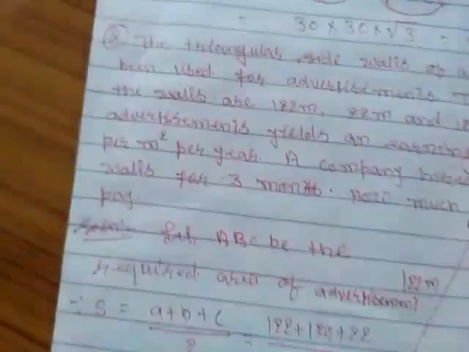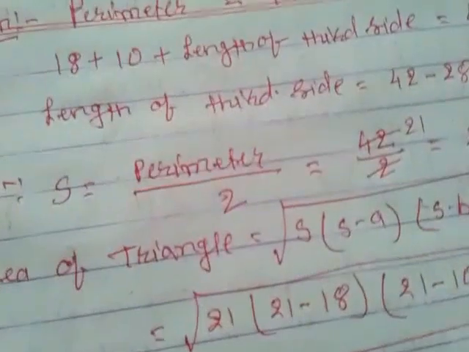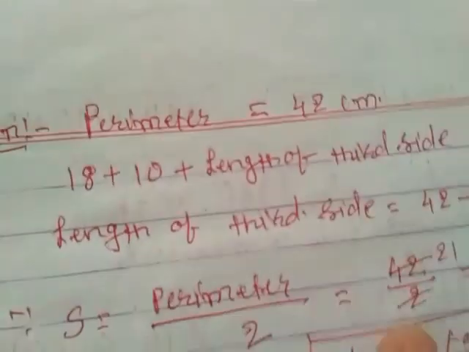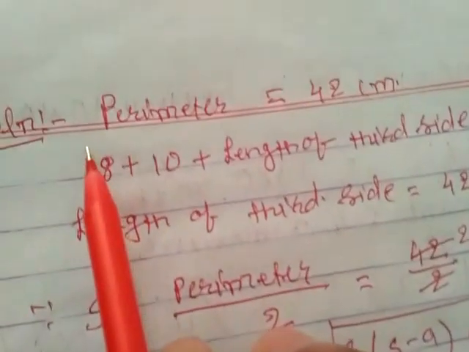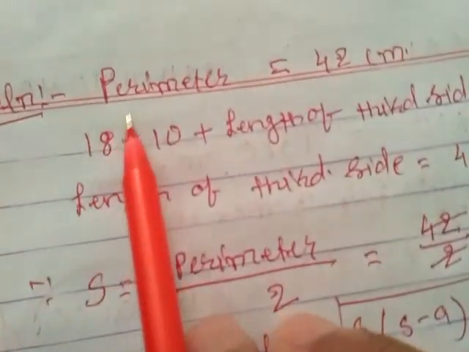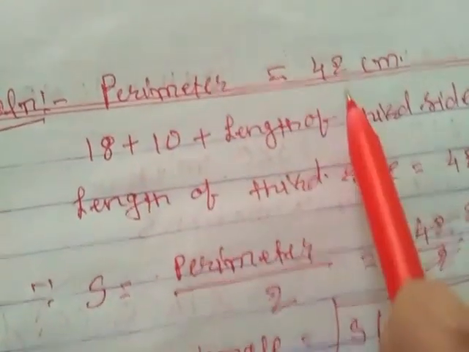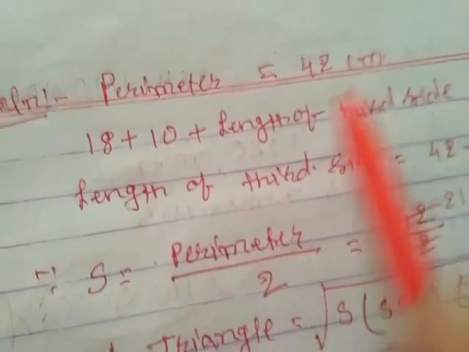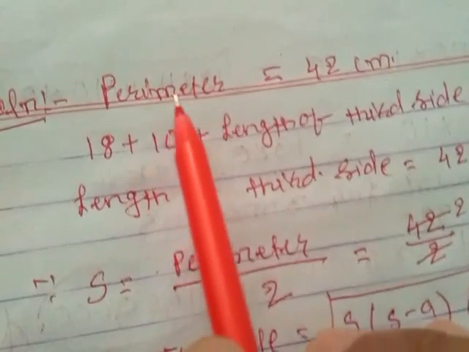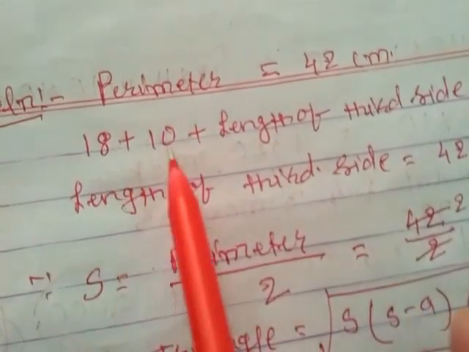As you know, a triangle has three sides and its perimeter is the sum of all three sides. So let's see the solution of this question. We have perimeter equals 42 centimeter. As we know, the perimeter of a triangle means the sum of all its three sides.